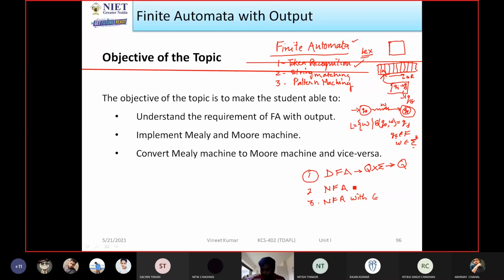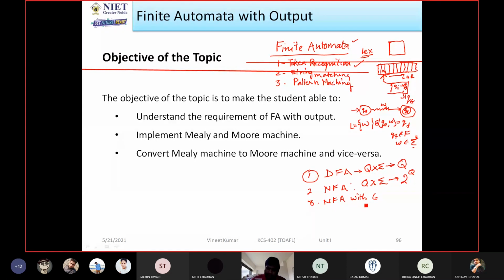But in case of the NFA, when we apply a single input over a state, there exist 0, 1 or more than one path. That means there is non-determinism. That means there exist several paths from the initial state to the final state by reading a string.